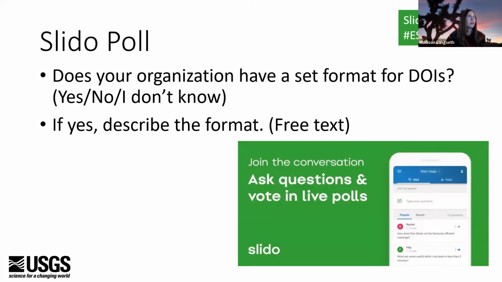And if you go into the chat, there is a Slido tab, and that will allow you to get over to the survey to fill it out. And then I'm curious if you do know that your organization has a set format for DOIs, if you could describe what the format is, I would love to see that as well. So I'll give folks a minute or two to jump over to there.